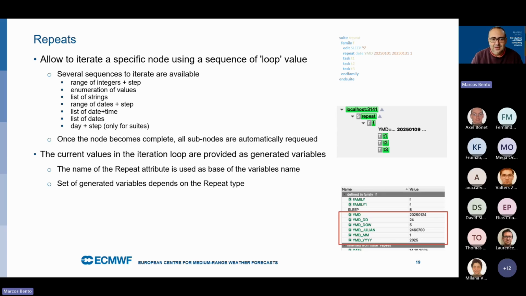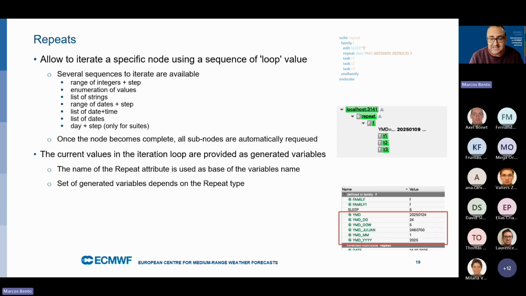Right? So that's how all of this mechanism allows the task to iterate over values. And it really depends on what you can do. If it's 20, it's 20. If it's 10, it's 10. It will go through this, and for each iteration, when everything is complete, it will just automatically requeue. Okay?